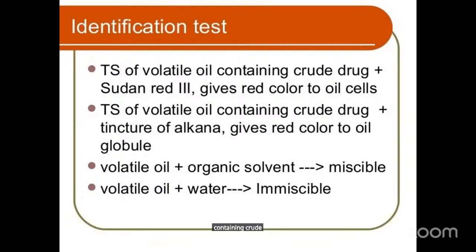Again, you have to add the tincture powder of the alkanna and it gives the red color to the oil globules, right? Then whenever you will add some organic solvent, you will get the miscible. Then volatile oil plus the water, which is immiscible, which is not soluble, right?